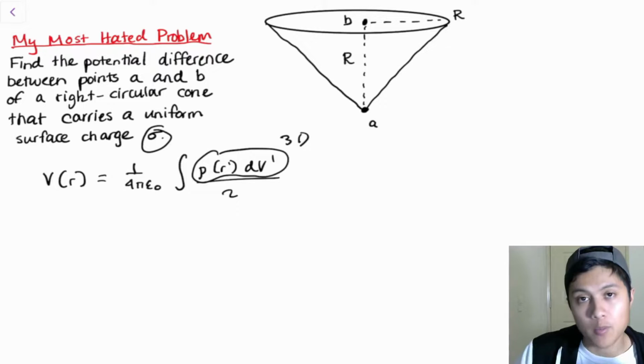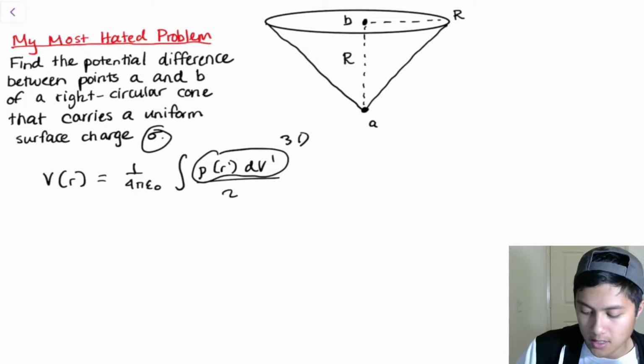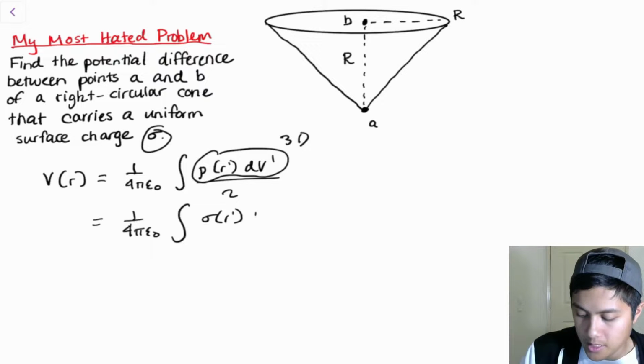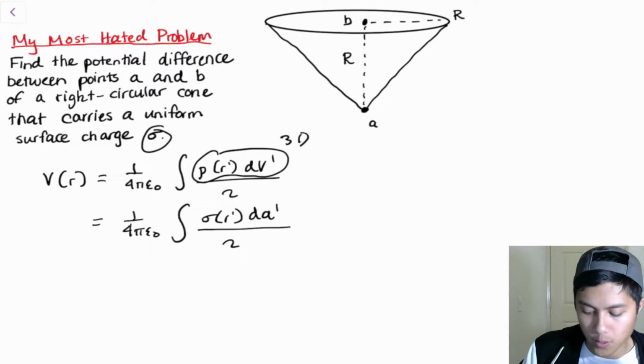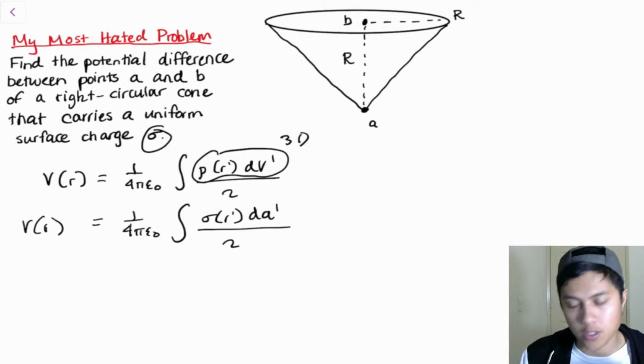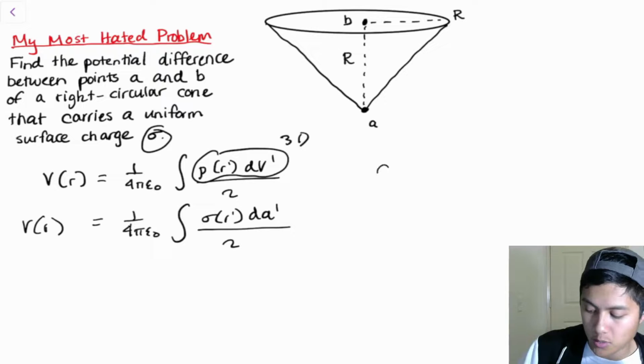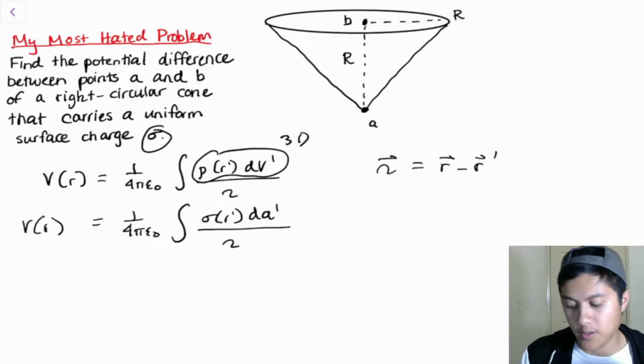So for the two-dimensional case, it's going to be 1 over 4 pi epsilon 0 times the integral of sigma of r prime, dA prime, over script r. That is the basic equation for the potential for an arbitrary source of charge as found in Griffiths' book. Remember that the script r vector is just equal to the field vector minus the source vector. That's the definition of that.